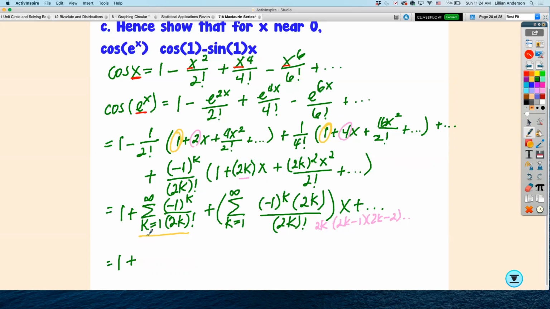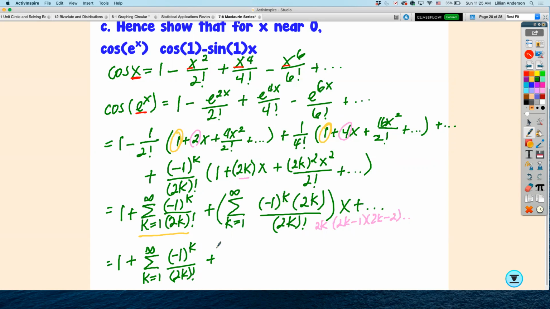So our first term is going to be the sum k equals 1 to infinity of negative 1 to the k power over 2k factorial. That represents our first term when k is equal to 1.